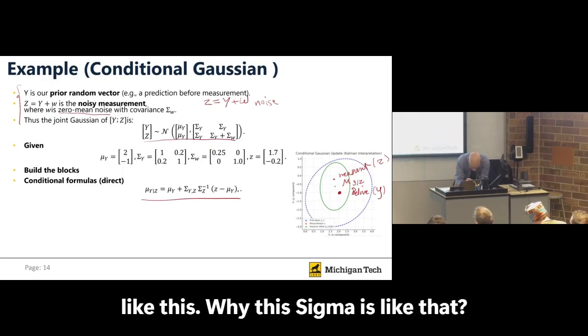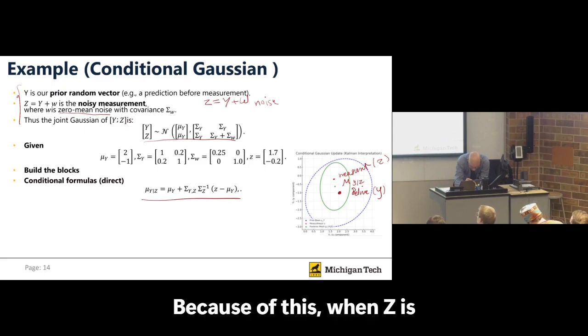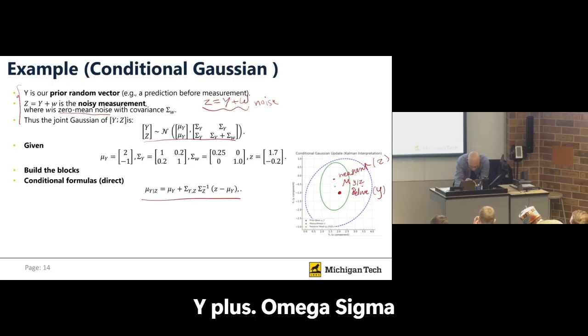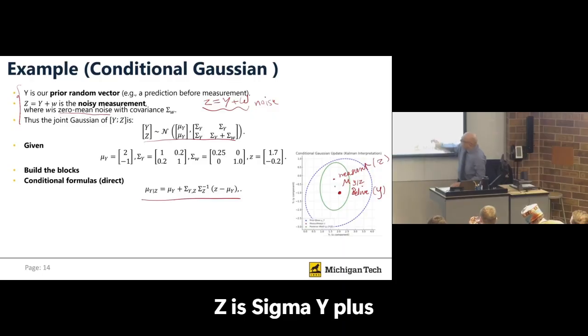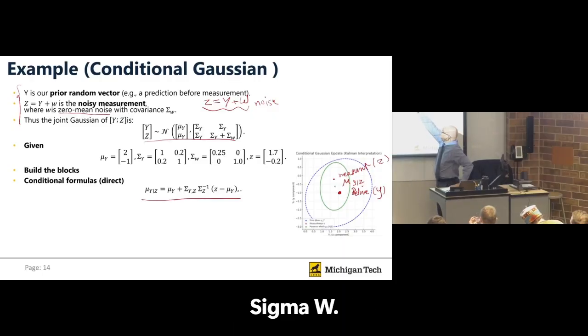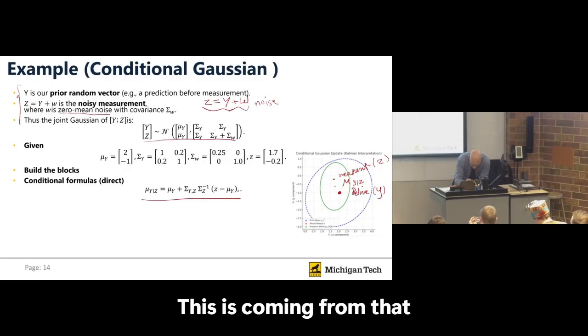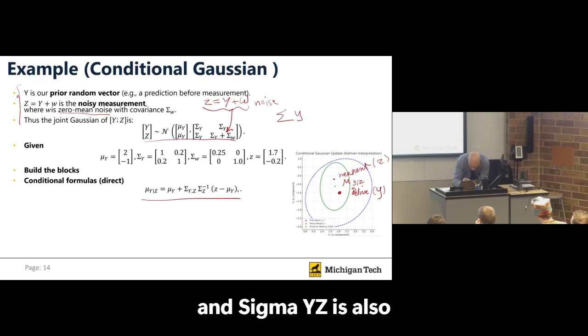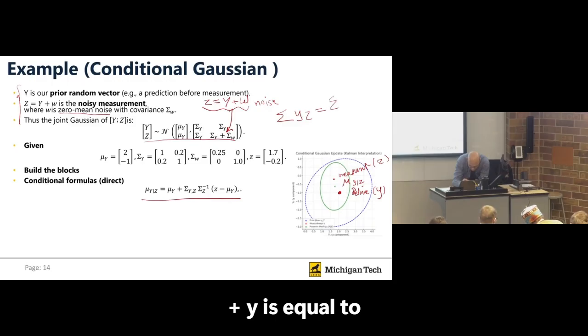Why is this sigma like that? Because of this. When z is y plus w, sigma y is sigma y, sigma z is sigma y plus sigma w. This is coming from that. And sigma yz is also equal to sigma y plus sigma w.